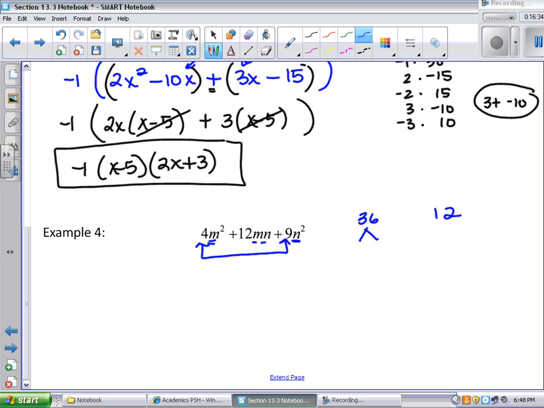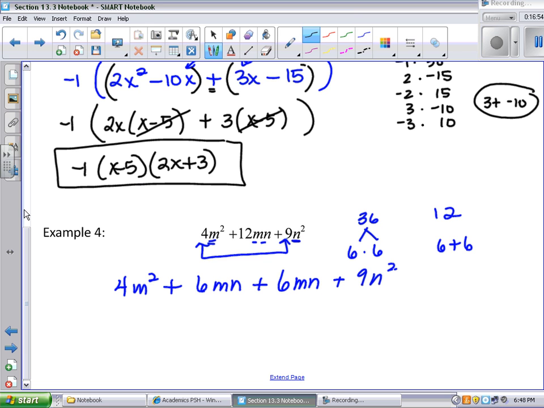Now this one I happen to be able to recognize right away. 6 times 6 is 36, and 6 plus 6 is 12. So I'll have 4m squared plus 6mn plus 6mn plus 9n squared. Group the first two together and the last two together.